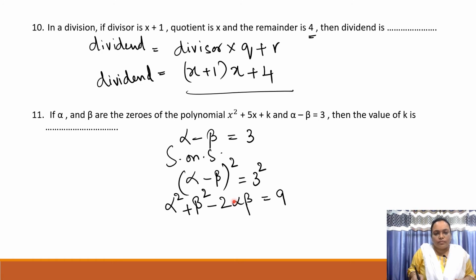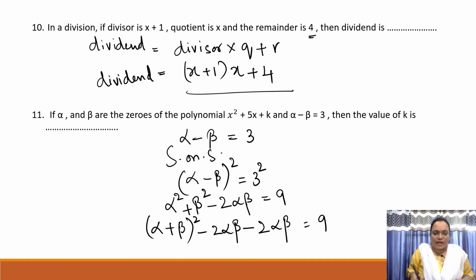What is alpha square plus beta square? That is alpha plus beta whole square minus 2 alpha beta. So minus 2 alpha beta is as it is equals to 9. Now let us find sum of zeros and product of zeros and substitute those values in this.